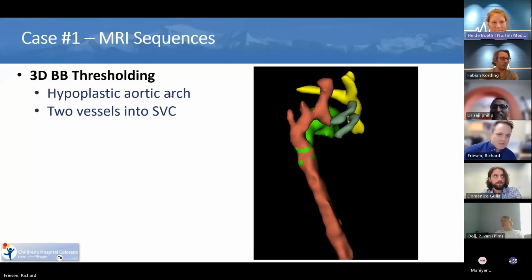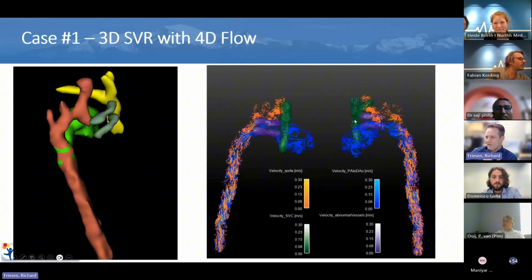So taking that black blood SVR, we didn't reconstruct all the pulmonary veins on this one, but we're trying to sort out the flow. And what we see is that there's a hypoplastic aortic arch represented in red, a large ductal arch, our systemic venous anatomy, and then these two separate vessels inserting into that SVC.